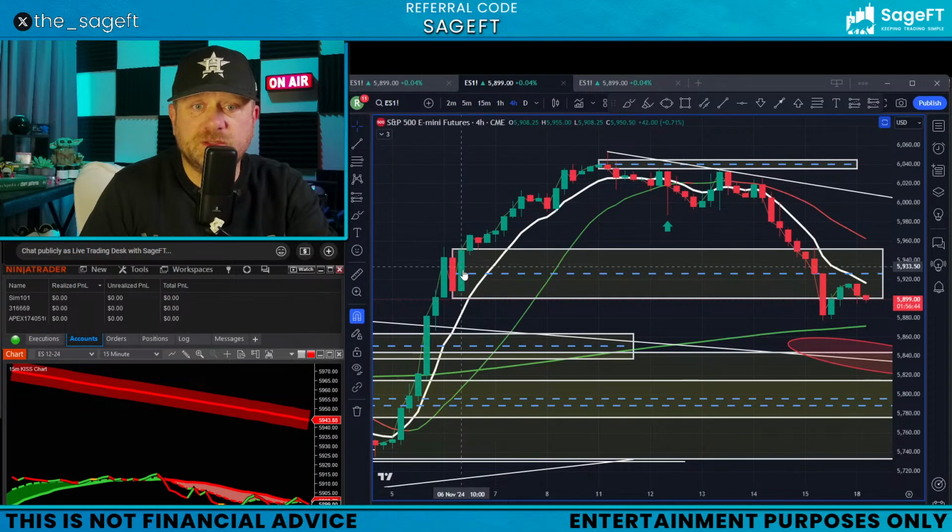Does that make sense? Even though this is a 4-hour chart, think about when you're hearing me tape read something like that. It's the same thing, just a different length of time. I don't even want to say a different time frame because then people think in terms of charts. It's just a different reference point using the same time.